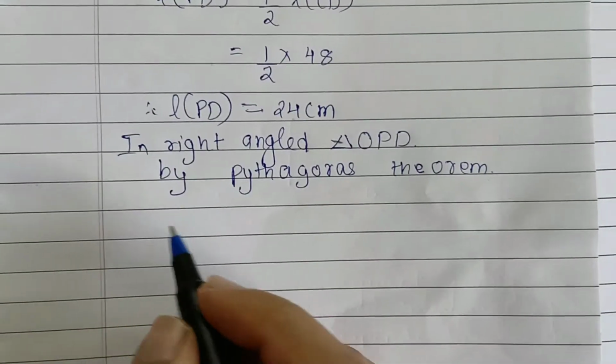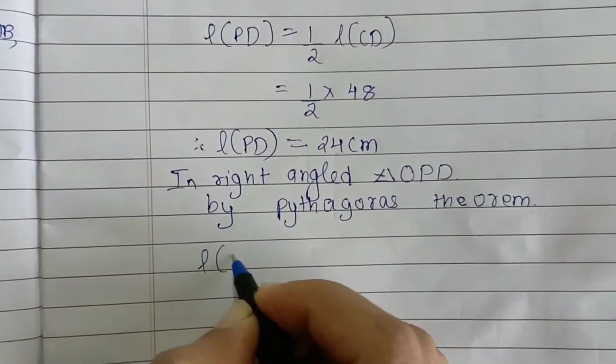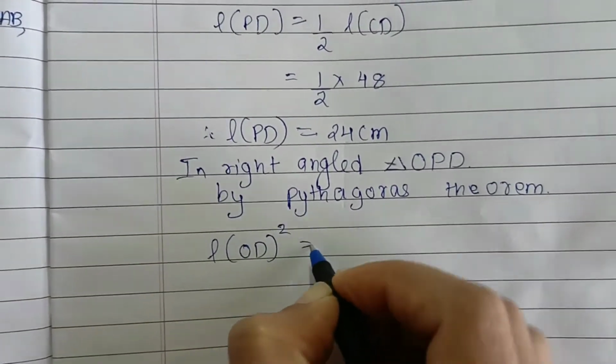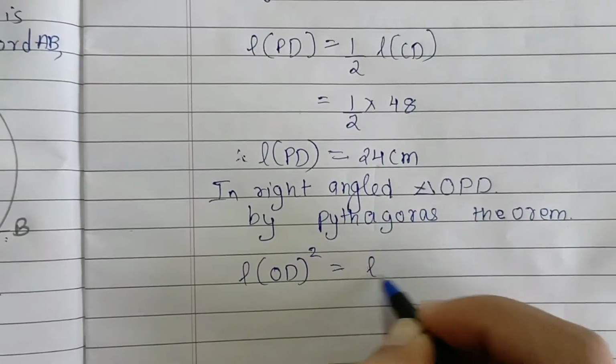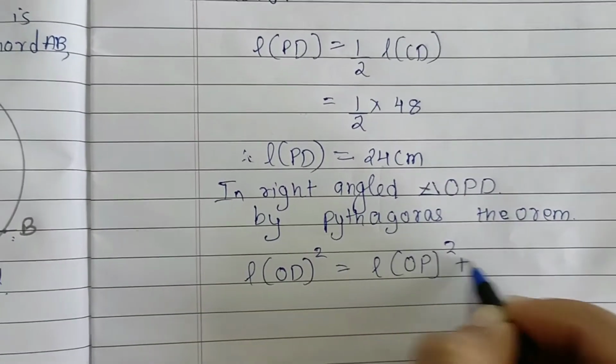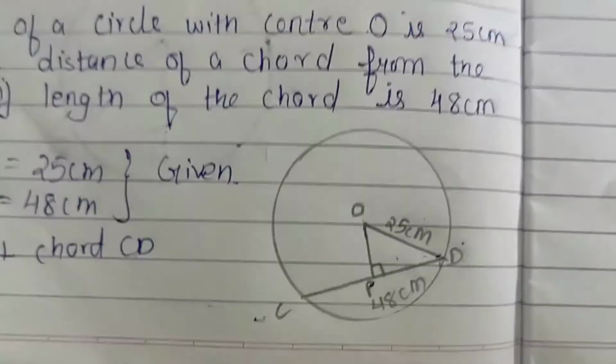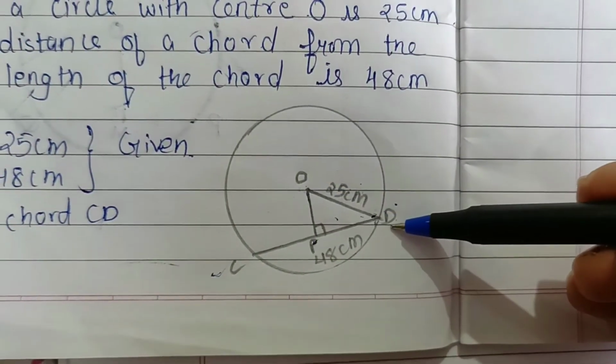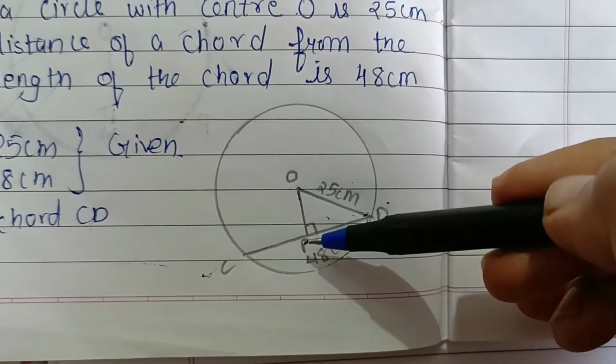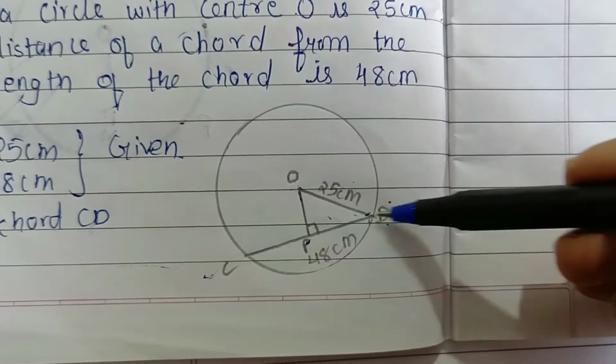So now we'll substitute. We'll write down the hypotenuse, that is OD square, then the square of two sides. That means OD square is equal to OP square plus PD square.